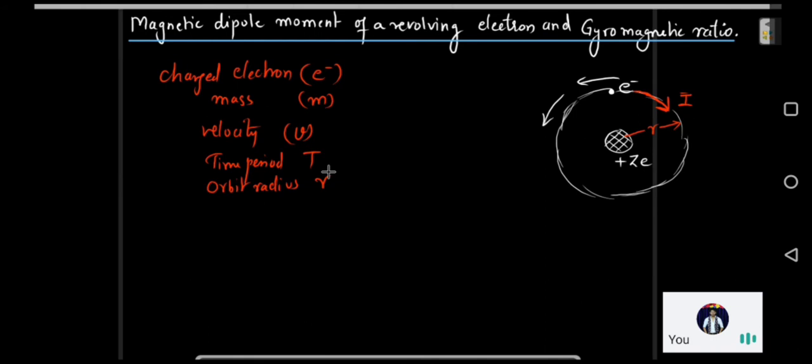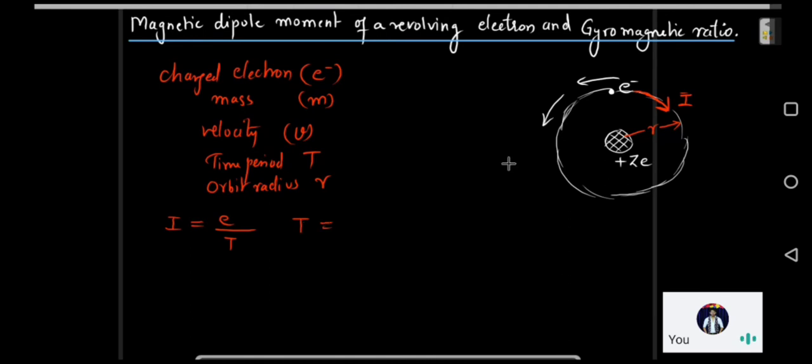Okay, so what is the current which is generated due to this electron? The current generated due to this electron is going to be the charge divided by the time period. The charge flowing per unit time is nothing but the current, right? So charge divided by the time is going to be my current. So what is the time period over here?